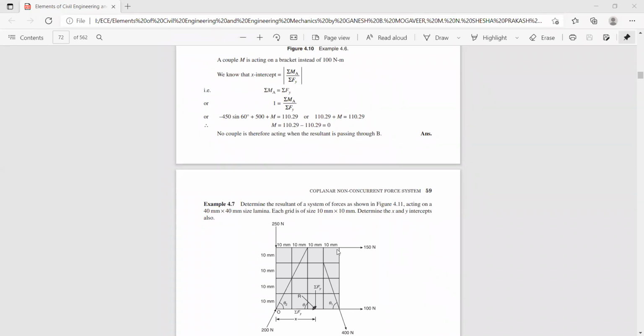Now this is the given figure. It is a square laminar 40 millimeters by 40 millimeters, and each unit is 10 millimeters by 10 millimeters. And here the forces are acting.